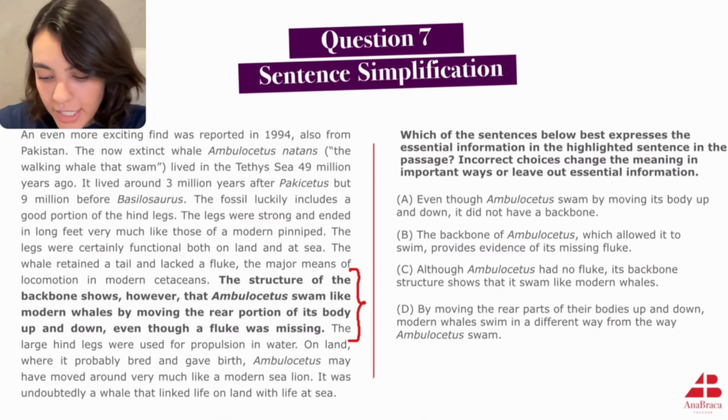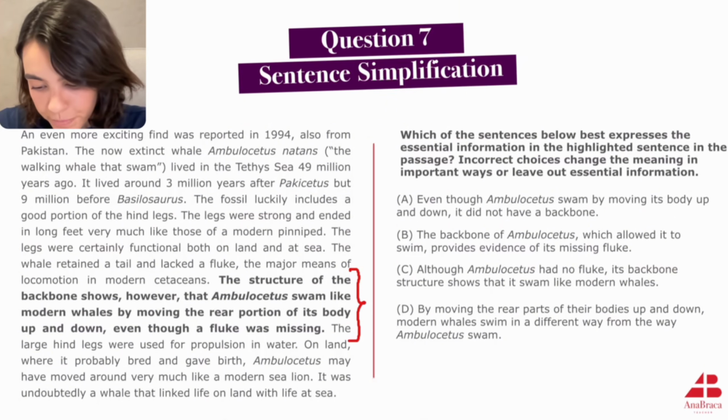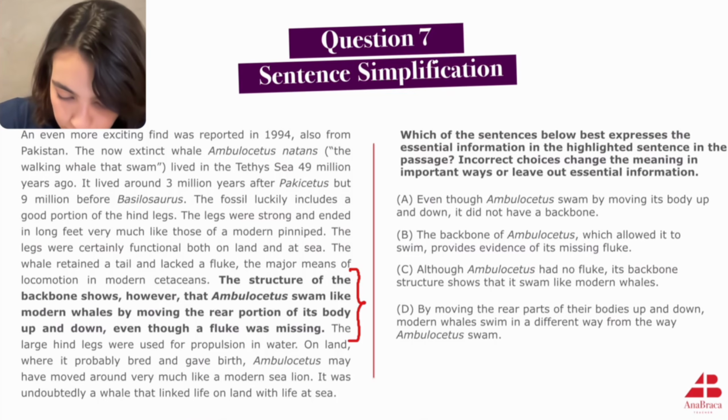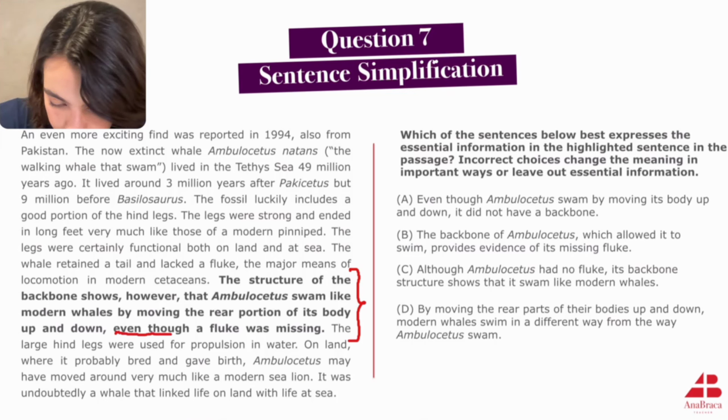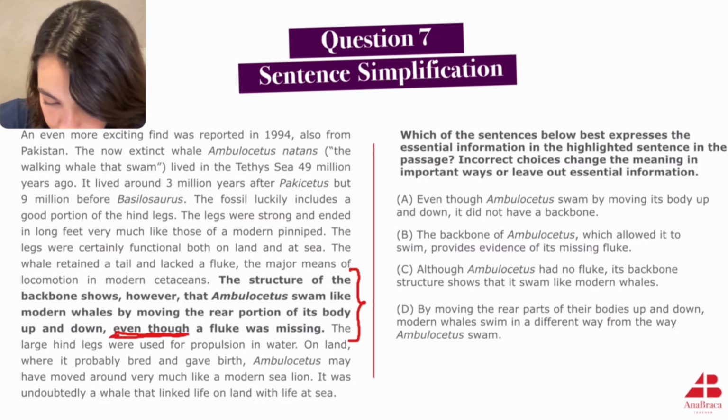The structure of the backbone shows, however, that Ambulocetus swam like a modern whale by moving the rear portion of its body up and down, even though a fluke was missing. Some words I want to highlight here: even though, and however.